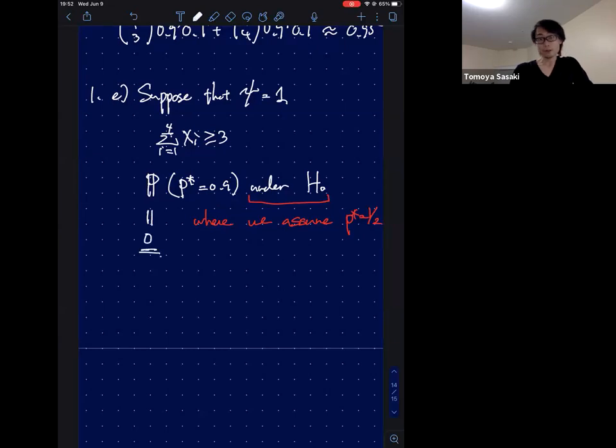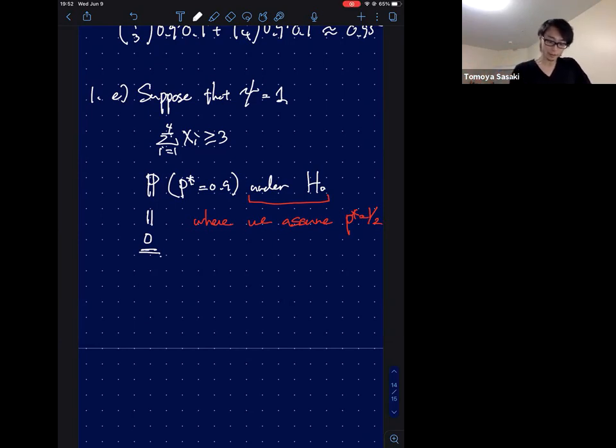This is a little bit tricky question, but the reason why I put in this question is that I really want to emphasize that hypothesis testing is all about assuming the null distribution is true. Under the null, what happens? It's all about under the null, what happens. So under the null, P star is equal to 1/2. The probability that P star is 0.9 is 0 because we're assuming that P star is equal to 1/2 under the null.